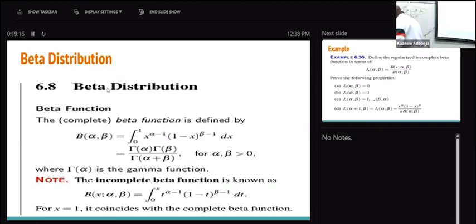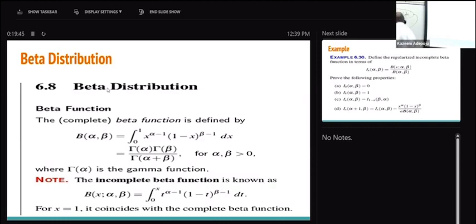Because of that, if I want to rewrite the whole thing, this is what I'm going to do. I'm going to say B_x(alpha, beta) divided by B(alpha, beta). This is another way to write it. It's incomplete. Anywhere in the world, the probability of X less than or equal to x is this.